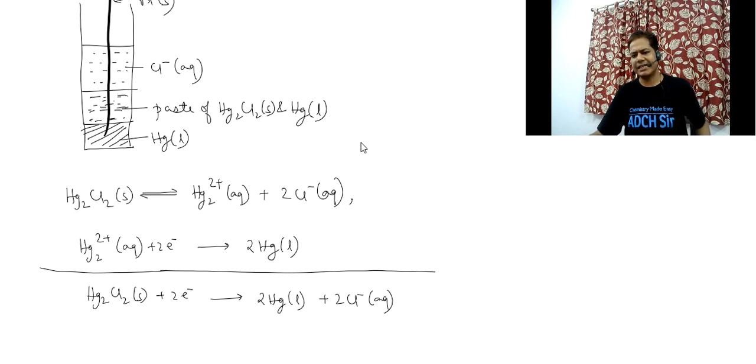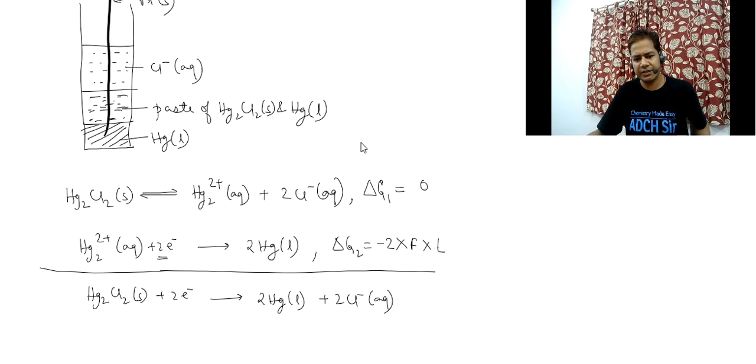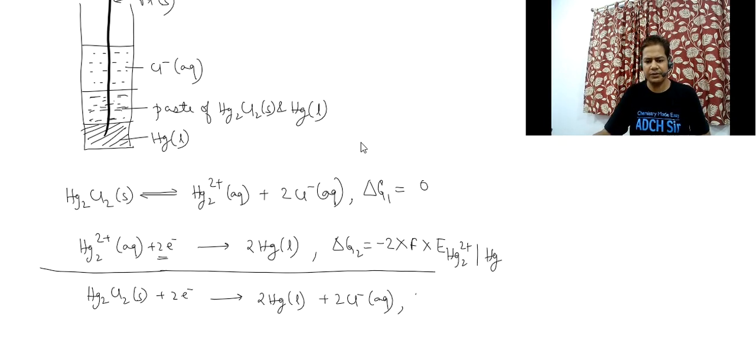Now applying the concept similar to the AgCl electrode, we can say that the first reaction is at equilibrium, so delta G1 is equal to 0. For the second reaction, delta G2 will be minus nFE, the value of n is 2, there is gain of 2 electrons, so minus 2 into F into E of Hg2 2 plus to Hg, and this will be equal to delta G3, and delta G3 will be equal to minus 2 into F into E of Hg2Cl2 to Hg and Cl minus.